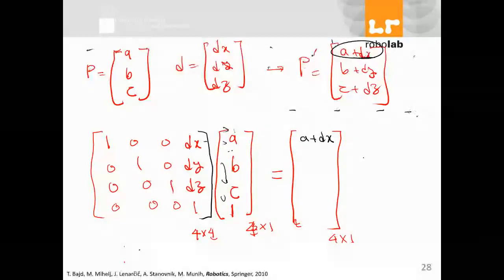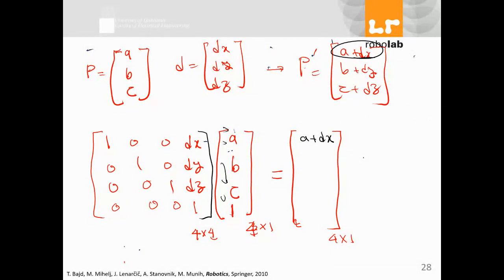So let's try the second one. Can you please just multiply the second row and find this component for me?